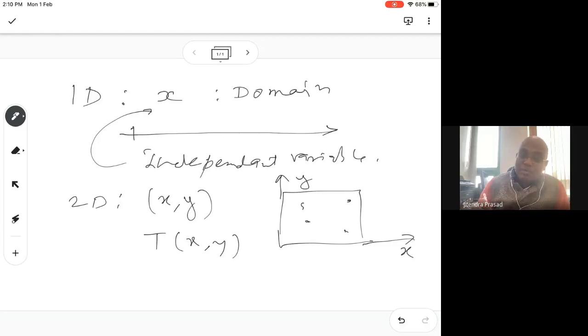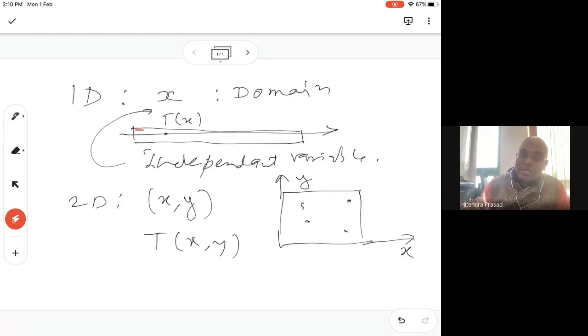In 1D, you will have a bar like this. Temperature will vary along X. So here it will be T(x). Depending on the value of X here, you will have the value of temperature. Similarly, if you go here, X is different, temperature will be different.